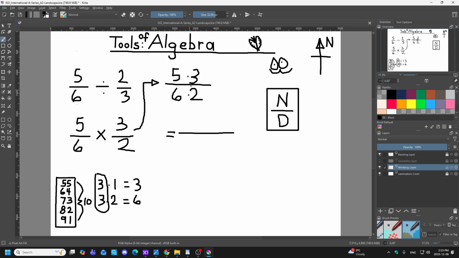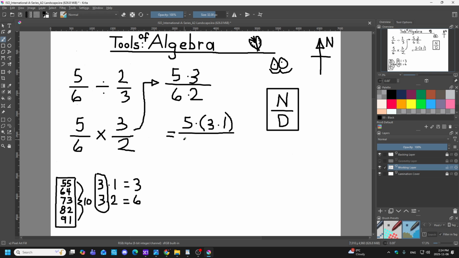Okay, so let me show you. The 5 remains unchanged. We're basically taking the 3 and breaking it into 2 numbers, which is 3 times 1. They mean the exact same thing. Okay?